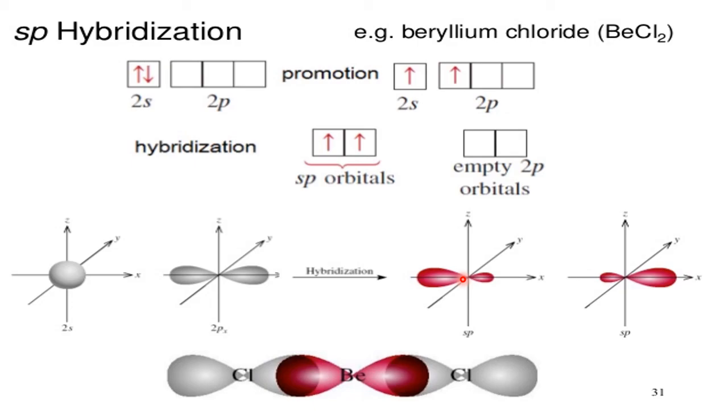One sp, another sp hybrid orbital, they mix and they form this shape, the maroon color shape. From here to here, this is the shape of the beryllium hybrid orbital. The shape is a straight line, linear. When it is linear, it is 180 degrees. So here we expect 180 degrees for the beryllium hybrid orbitals, which is known as sp hybridization.